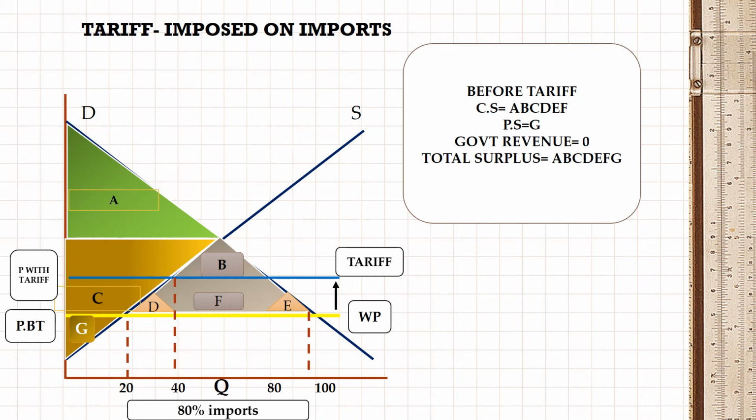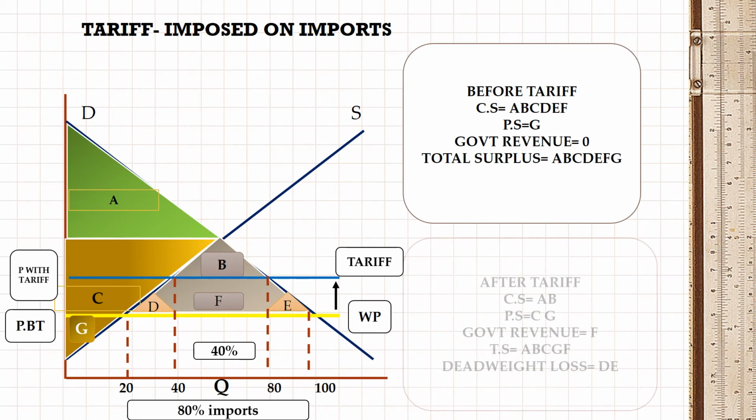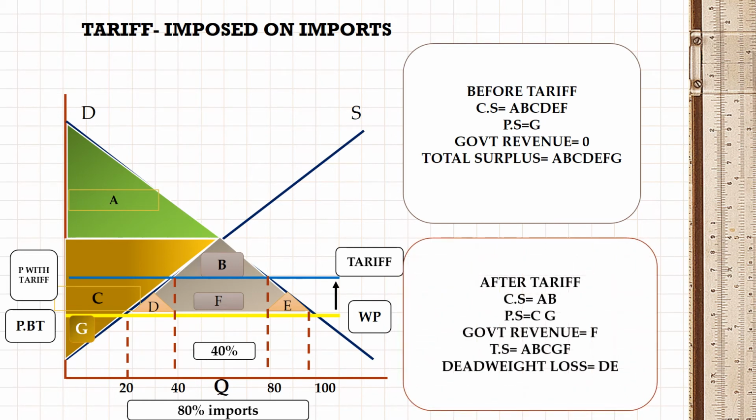Anyway, at this point, as the price has increased due to a tariff, you notice there is an increase in supply from 20 to 40, whereas there is a decrease in quantity demanded from 100 to 80, because the price is comparatively high, so consumers demand less and producers supply more.